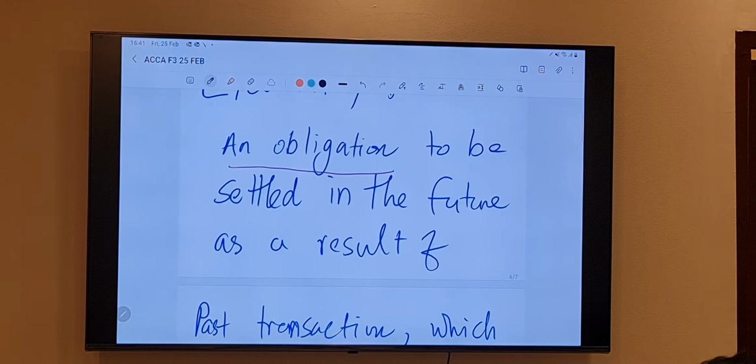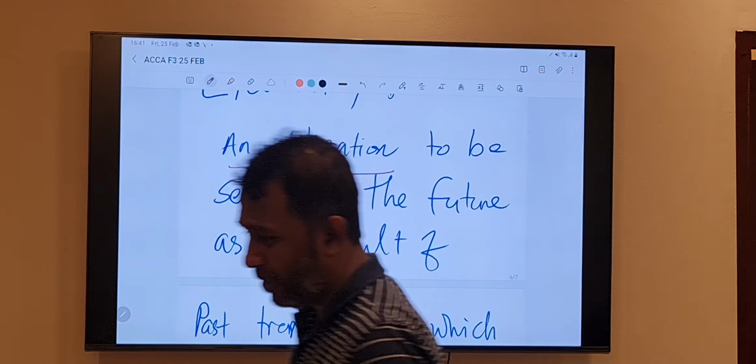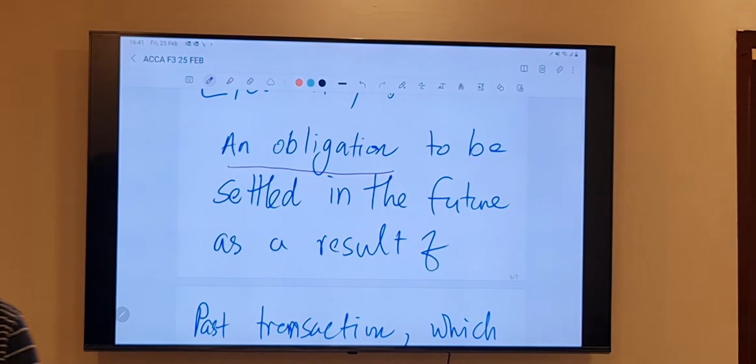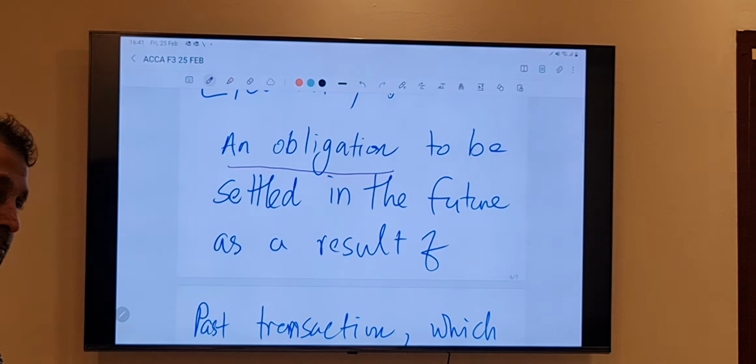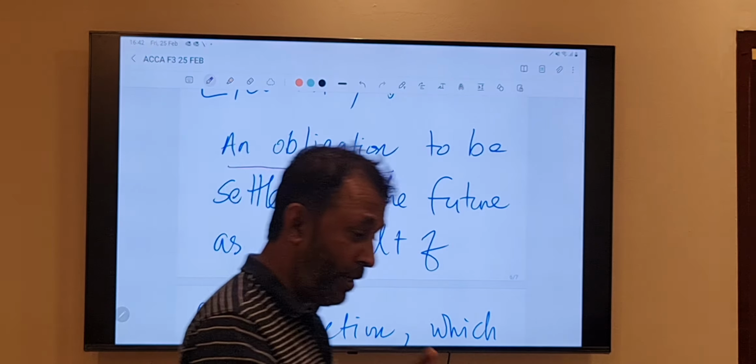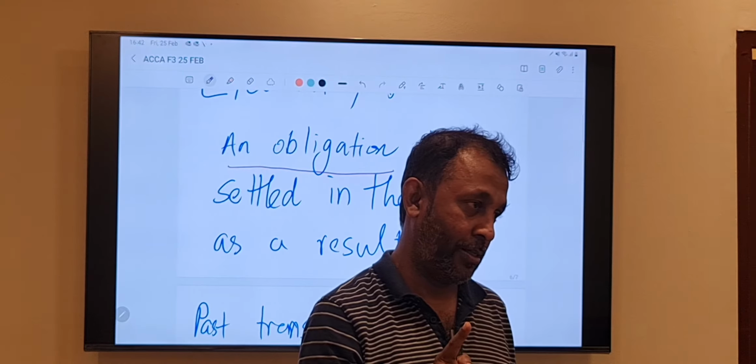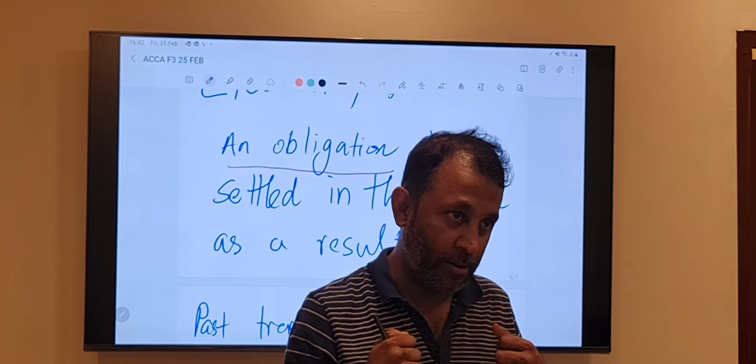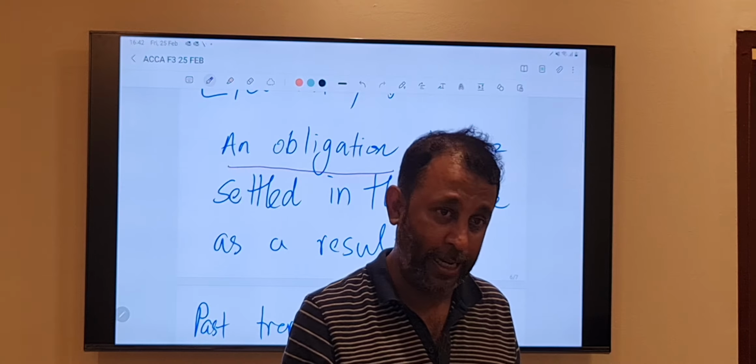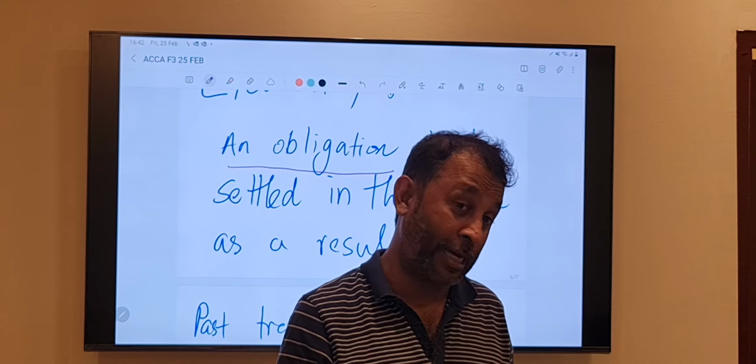Right. An obligation. What do you mean by the word obligation in English? It's like a commitment, like under a condition, like you sign a contract that you need to do this. So it's an obligation for me to be settled in the future. This friend gave me vegetables today, but what is the condition, what is the expectation?